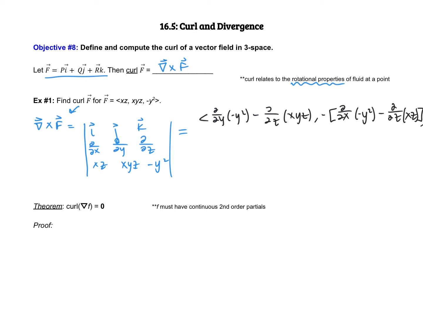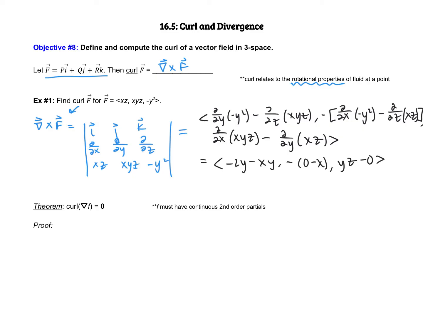And then for our third component, ignore the first row still, and the last column. That's going to give us the partial with respect to x of xyz, subtract the partial with respect to y of xz. Now taking those partials, I get negative 2y, subtract xy, negative 0, subtract x, and yz, subtract 0.